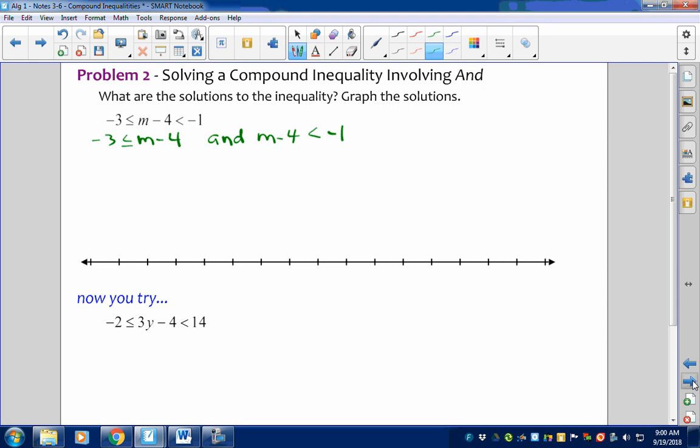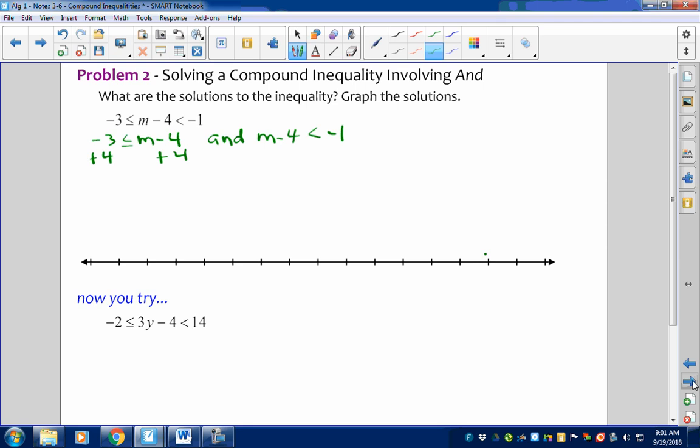So literally this can be interpreted as two separate inequalities separated by an and. I'll show you on a next problem here how you could keep it all together. But this is what it means. It's an and statement. Pretty easy to solve. There's two of them, but they're both easy to solve.